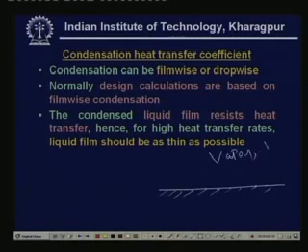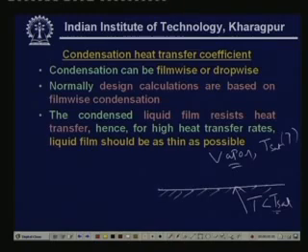Let us say that this vapor has a saturation temperature of Tsat at that particular pressure P, and let the surface be at a temperature T which is less than Tsat. So, when this vapor comes in contact with a surface whose temperature is less than the saturation temperature of the vapor, then this vapor condenses on the surface and rejects the heat of condensation to this particular surface.